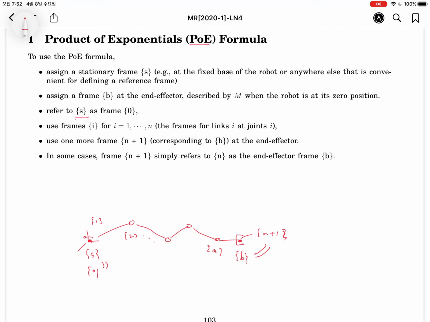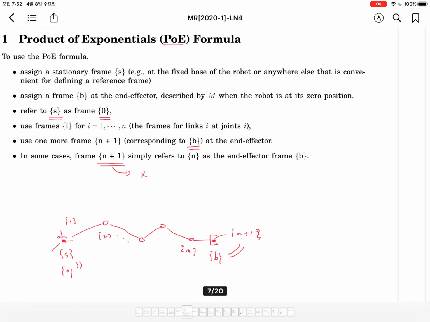So the fixed frame will be the zero frame. The n plus 1 frame sometimes can be the body frame, and in some cases this can be ignored, because it is not always required.